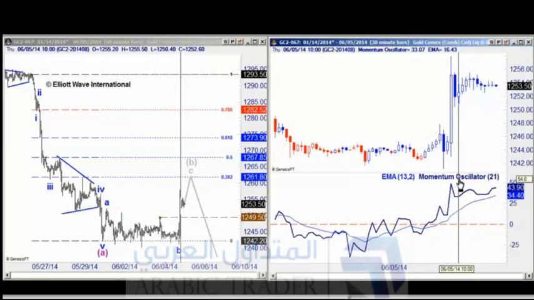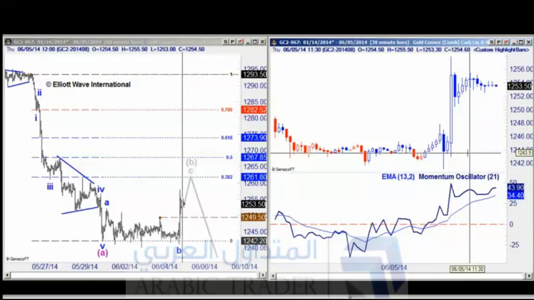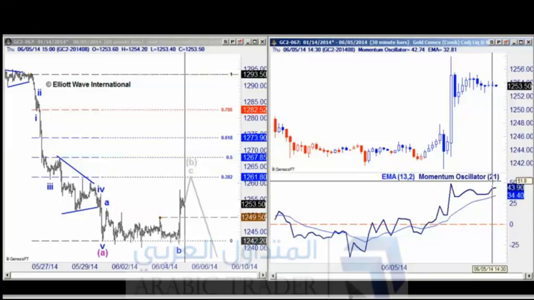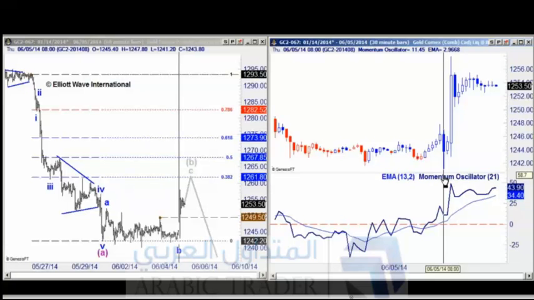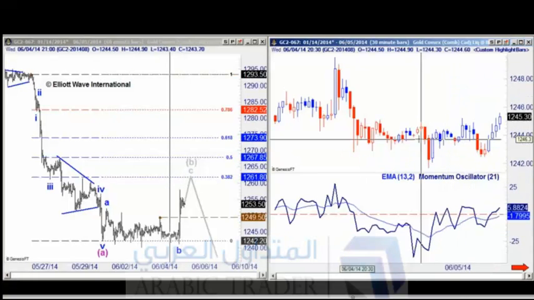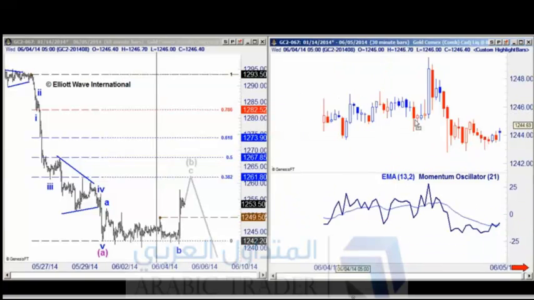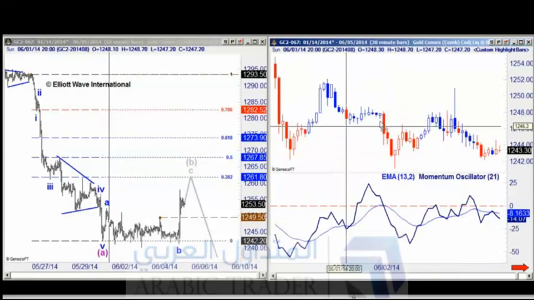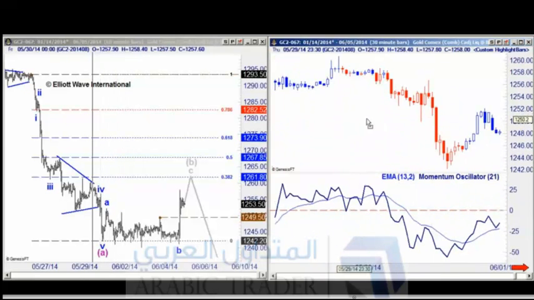I frequently, when I'm working with technical studies, like to use Fibonacci numbers. It's just a habit I have. And I liked 21 better than 13. What I do is I don't optimize these studies with a computer doing a lot of number crunching. I just change the settings, and then I look at the price action, and I see if it gives me good trends, if it measures the trends nicely at the levels I'm working with.